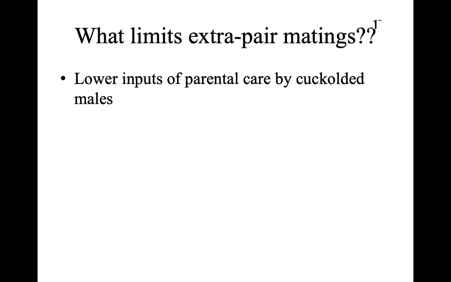Oftentimes, if the male figures this out, he will withhold the resources that he is providing if he has been cuckolded. Cuckolding is the technical term for when a female cheats on a male, or it can also be used for when a male cheats on a female, either way.